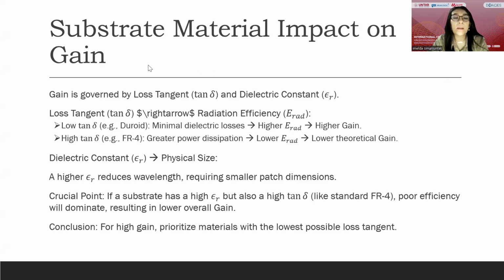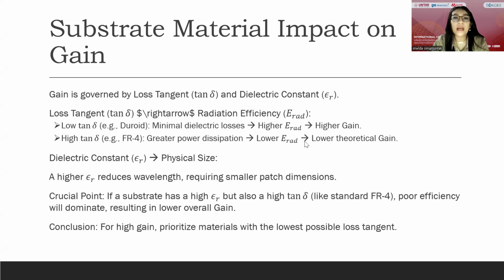The motivation is loss tangent and dielectric constant. If we use a low loss tangent material like Duroid, we achieve minimal dielectric losses.